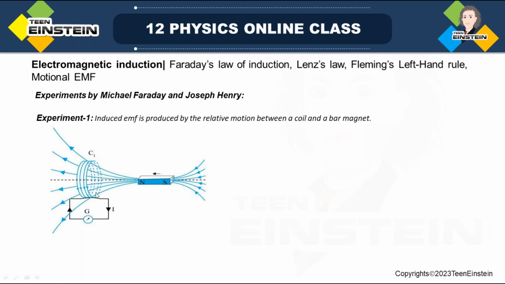And what was the observation? The observation was current flow in coil C1.